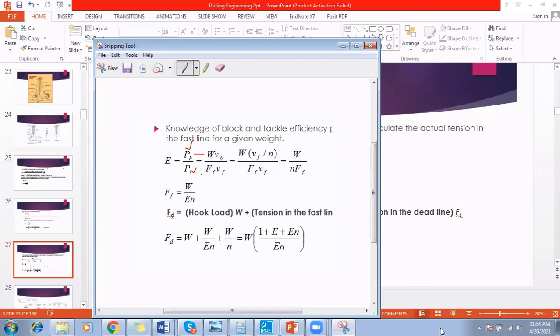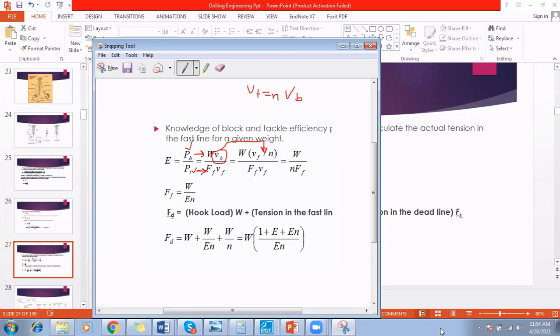the value. Now after that, what you need to do, the thing that we have just discussed, you need to replace this. Vb is actually equivalent to Vf over n, because Vf is equivalent to n into Vb.